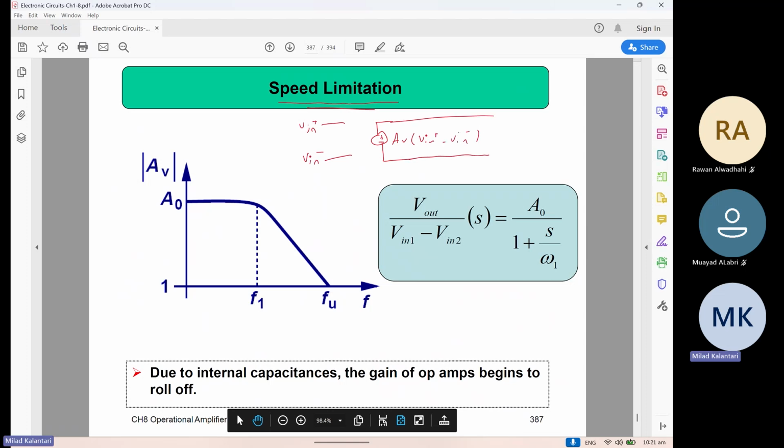The ideal case does not show any speed limit. That means once you apply a voltage, like a sinusoidal voltage with any frequency, it can give you this much AV gain for every frequency, right? You are not seeing this equation change over frequency.